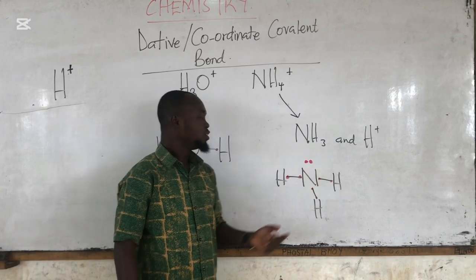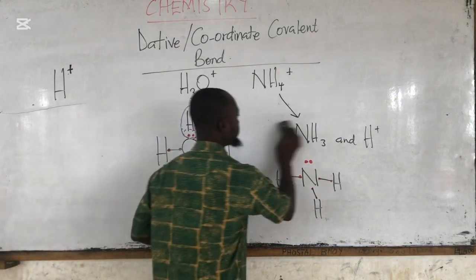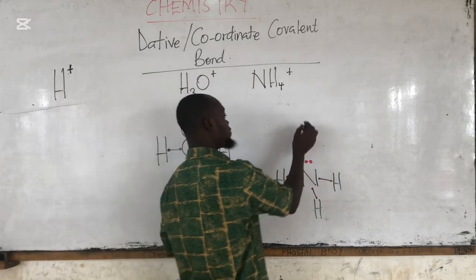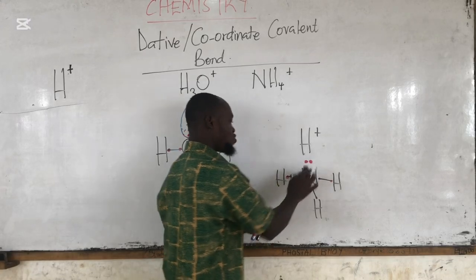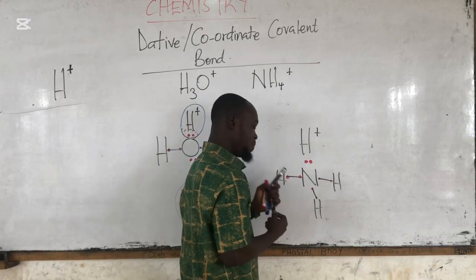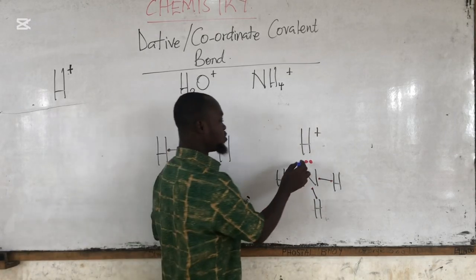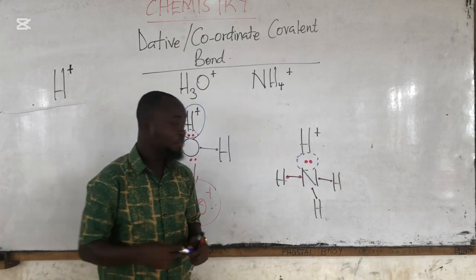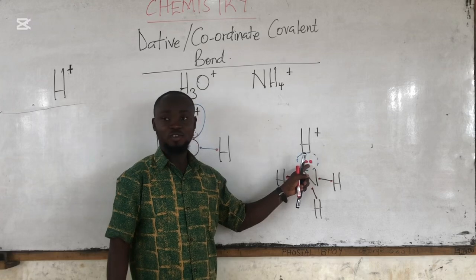So H+ will then come and enjoy the lone pair on the nitrogen in ammonia to form, again, the dative or coordinate covalent bond. The bond that exists between the nitrogen atom in ammonia and the H+ ion is called the dative covalent bond.